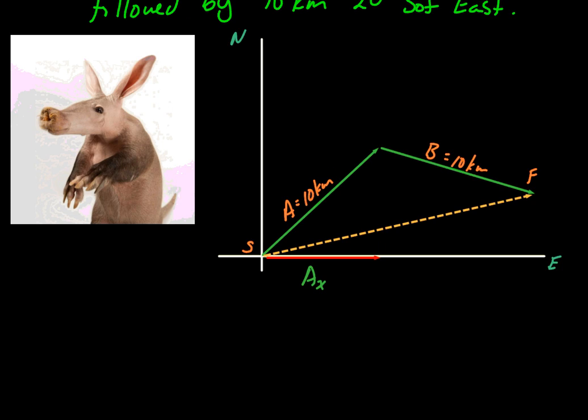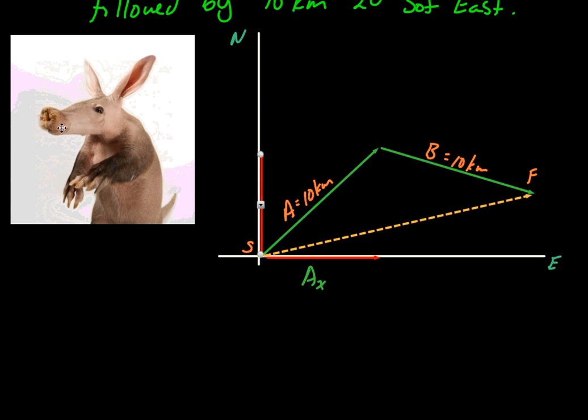Okay. And then there's also going to be a y component. Why is it automatically a dotted line? I'm struggling here. Okay.